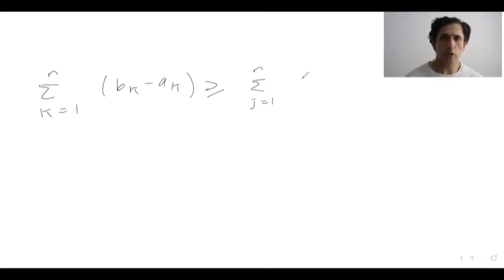So it's j equals 1 to 3. The sum of all these intervals is bigger than or equal to the sum of the lengths of these 3 distinct intervals.